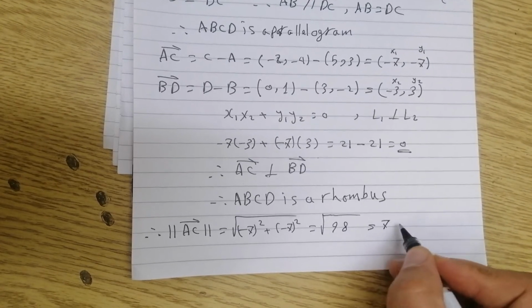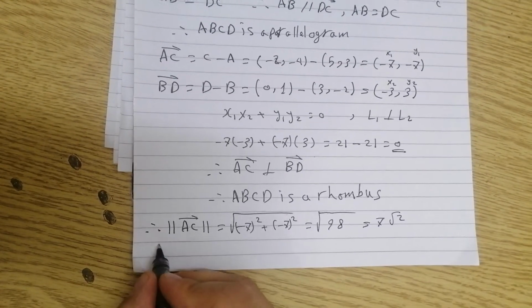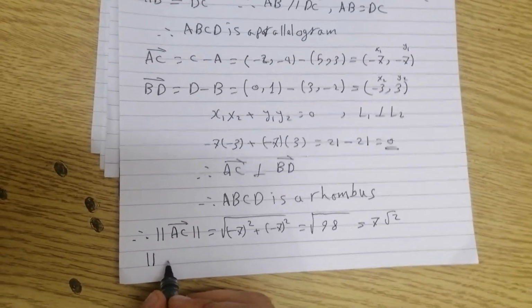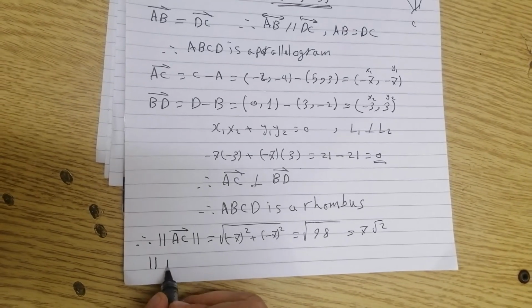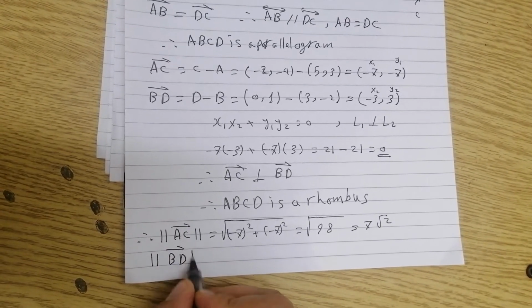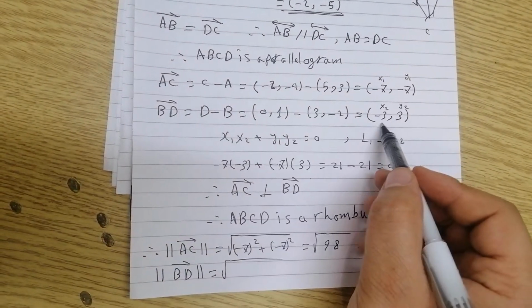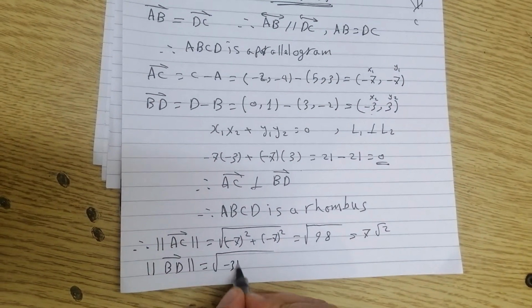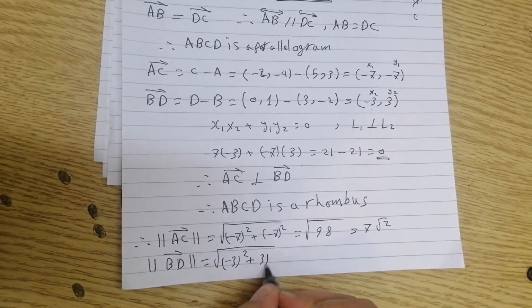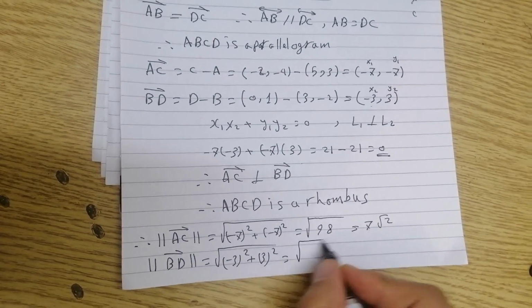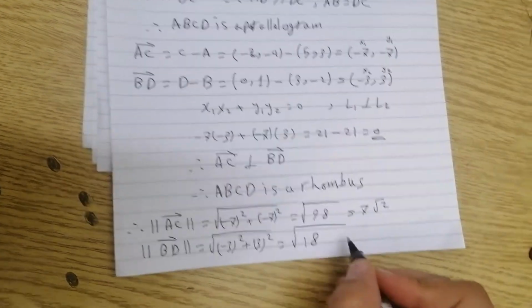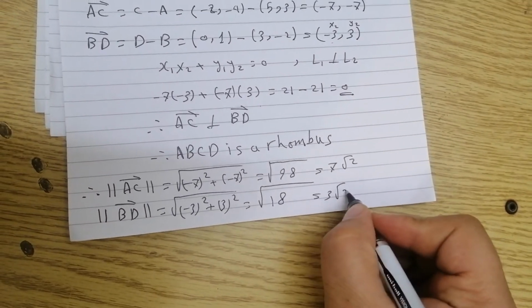That equals 7 square root 2. Also norm of BD vector, which equals square root of its components, negative 3 power 2 plus 3 power 2. That equals 18, which equals 3 square root 2.